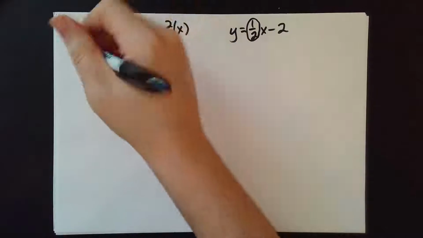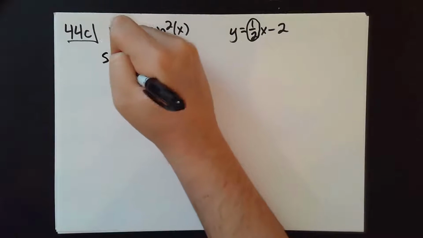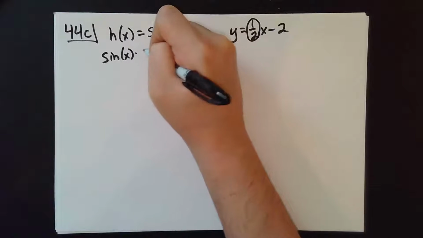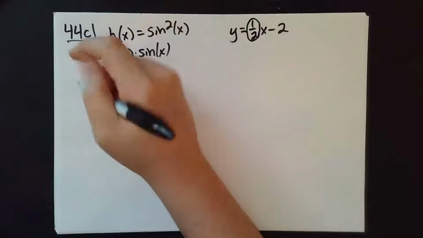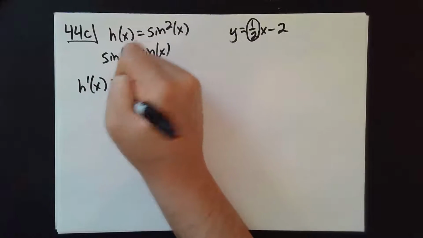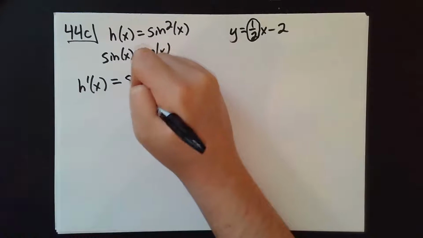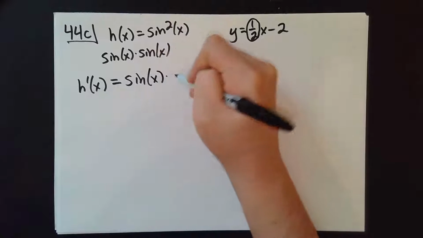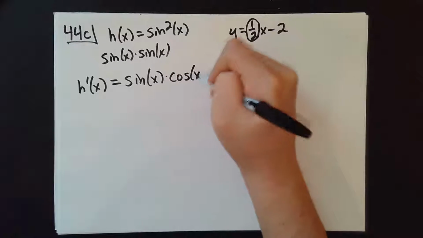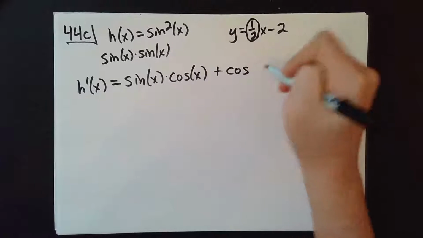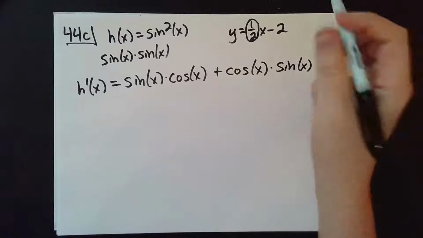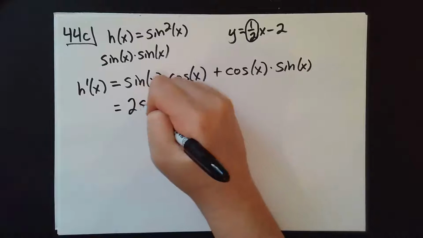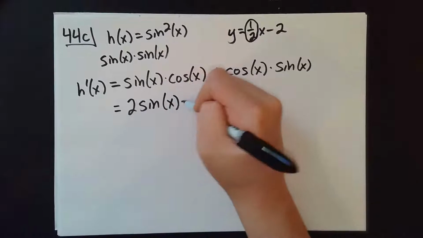Okay, so in order to take the derivative of sine squared of x, we need to remember that that's sine of x times sine of x. So h prime of x is sine of x times cosine of x plus cosine of x times sine of x, which is 2 sine of x times cosine of x.